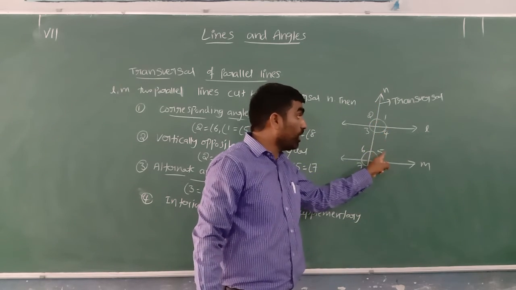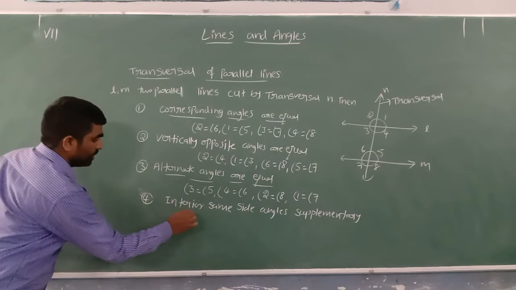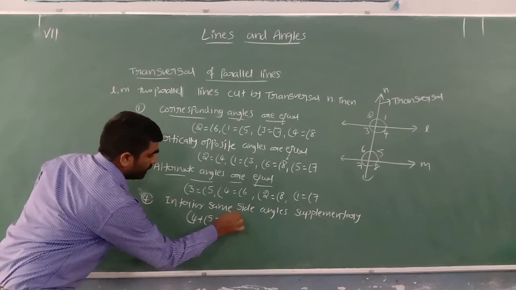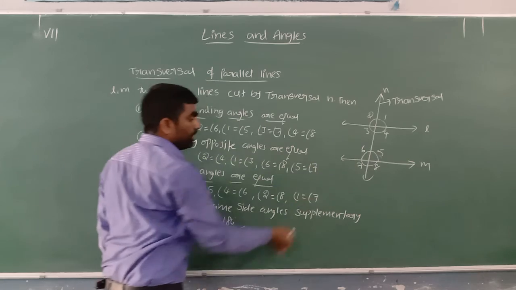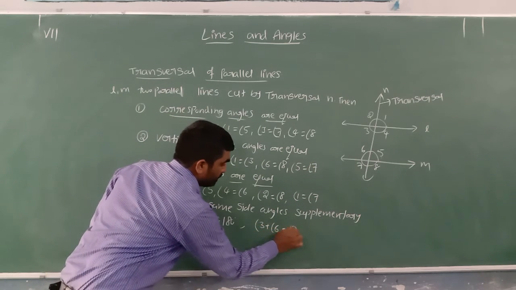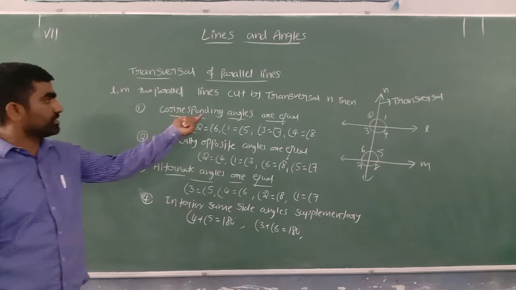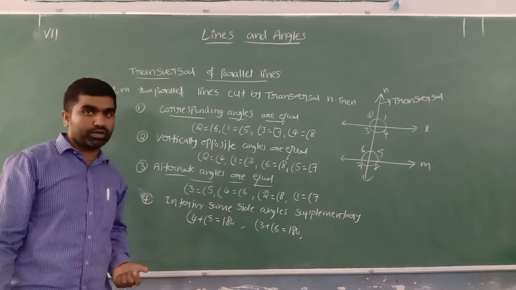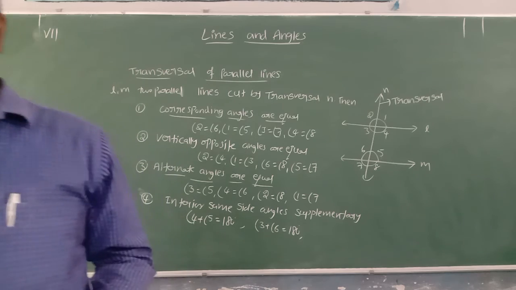So 4 and 5 are interior same side angles, and they are supplementary, which means the sum of these two angles is 180 degrees. Also 3 and 6 are interior same side, so their sum is also 180 degrees. Remember all these properties: what corresponding means, what vertically opposite means, what alternate means. With the help of this we can complete the exercise problems now.